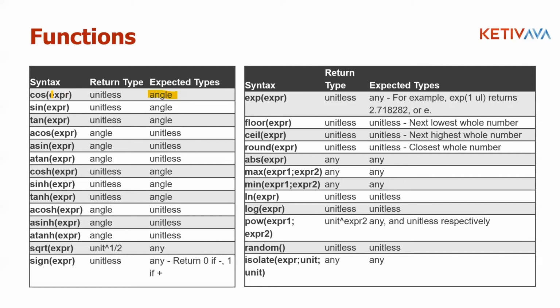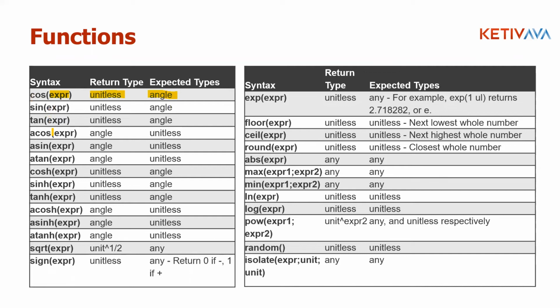So what's here is the expression in between parentheses. Here we've got our trig functions, cosine, sine, tangent, and we just give it a number or another parameter, and it expects it to be an angle type parameter, so that can be degrees, radians, etc. And then the result it's going to give us is unitless.